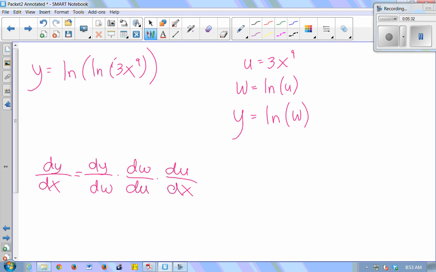All right, so now I just have to take each of these derivatives. dy dw, the derivative of ln w would be 1 over w. That's what dw du is. That's w prime. So that's why this works in Leibniz notation. dw du is 1 over u. And then du dx is 27x to the 8th.